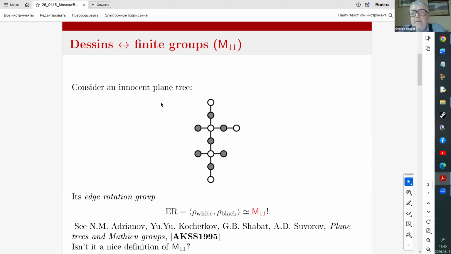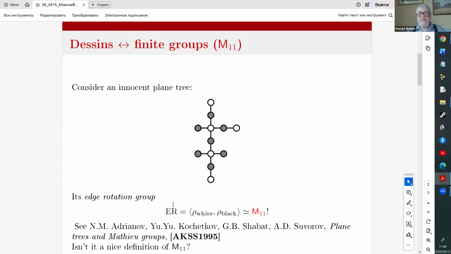So the vertices are black and white in such a way that neighboring vertices are colored differently. What you see is a tree of 11 edges.